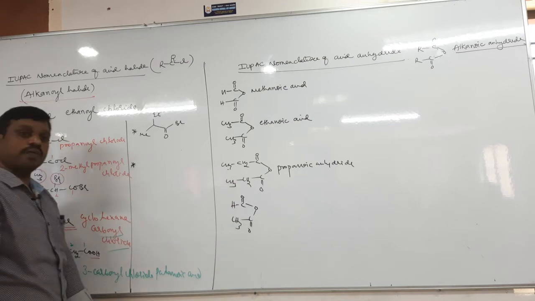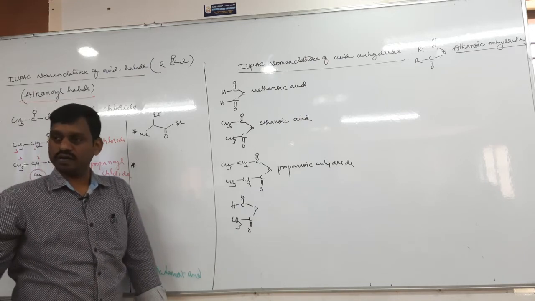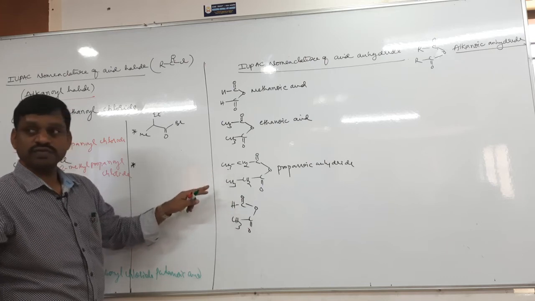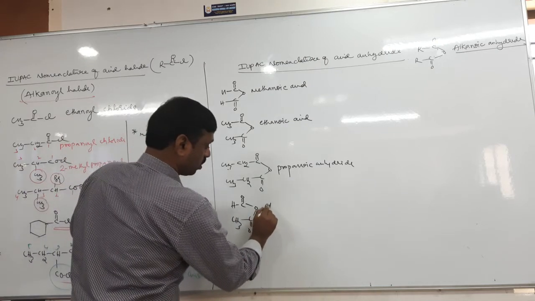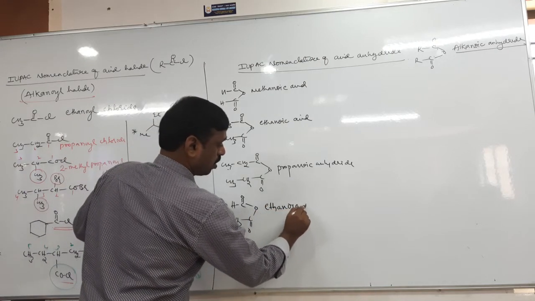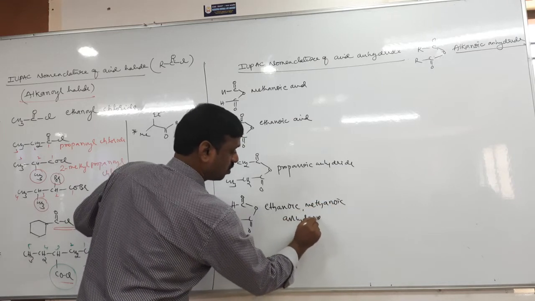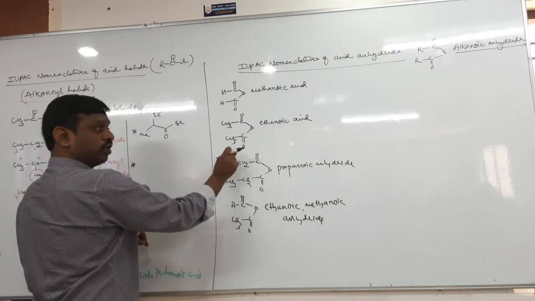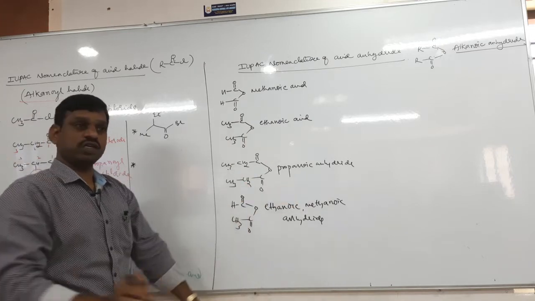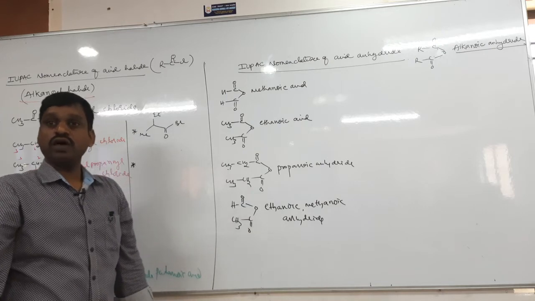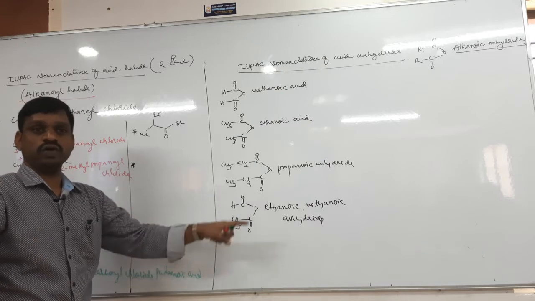If there are 2 different carboxylic groups, then the general rule is alphabetical order: ethanoic, methanoic anhydride. If there are two, like 2 ethanoic, you should not write diethanoic. If you write only ethanoic anhydride, it is understood that there are 2 ethanoic. But if there are different groups, then ethanoic methanoic, propanoic, butanoic.